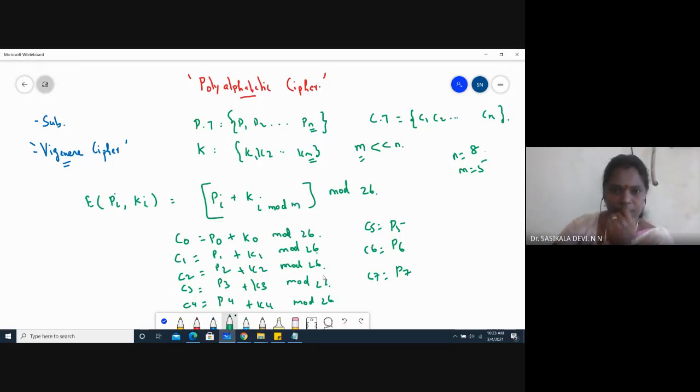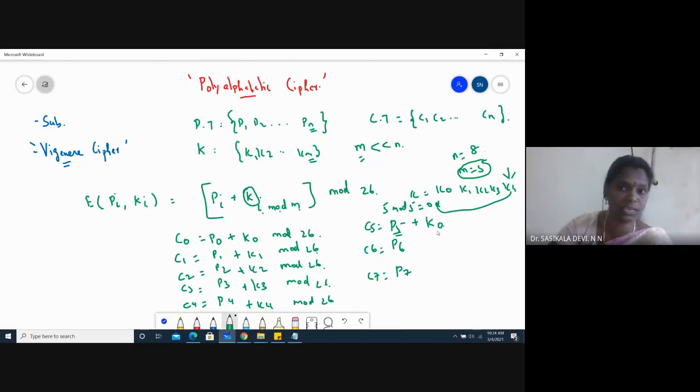And C5 is equal to P5 plus the key character, where the size of K is a 5-character word. K is made up of 5 characters, K0, K1, K2, K3, K4. After applying K4, how do we come back to K0? For P5, we use K0. That is what i mod m does. Here i is 5, so 5 mod 5 is equal to 0, which is K0.